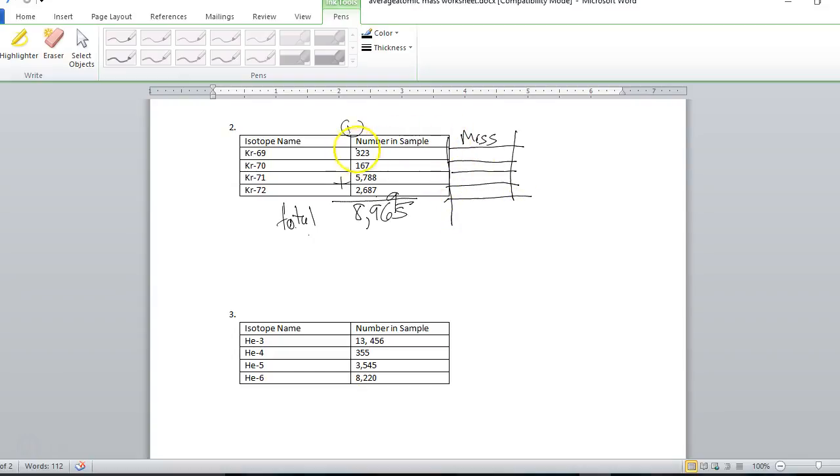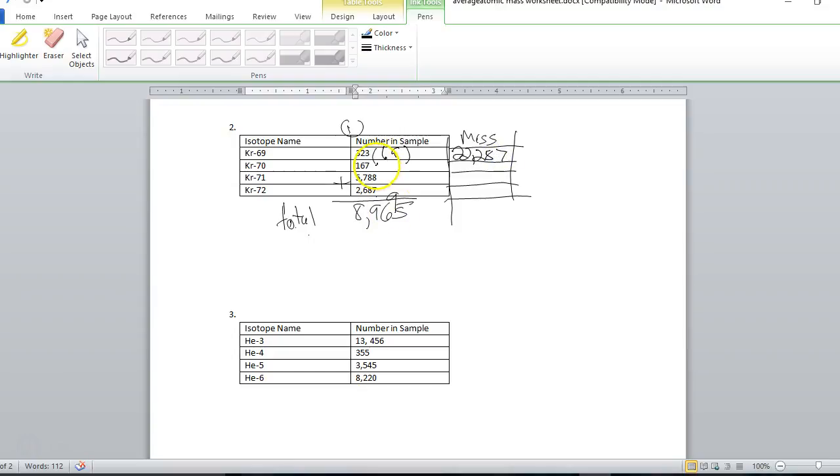Okay, so do you remember how to do that? If you remember that you multiply the mass number times the number in sample, then you are correct. So 323 times 69, we get 22,287.